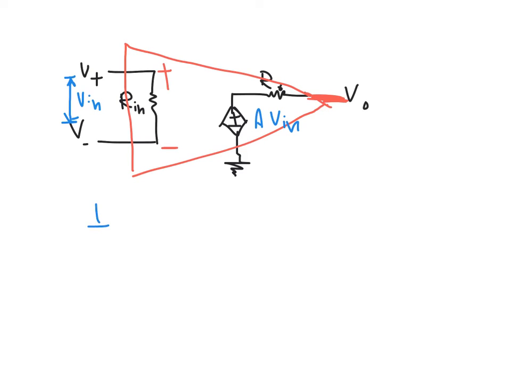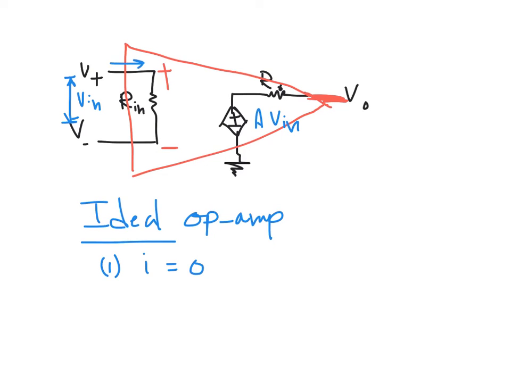If we are speaking about the ideal case for the op amp, first we have no input current. So here this I and this I, both of them are equal to 0. This is at the input terminals.